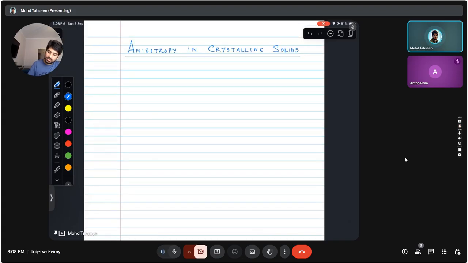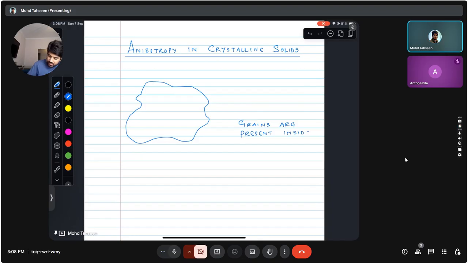So what happens is, if we take some patch of a metal and look at it under the microscope, what do we find? We find that there are grains present inside the material.